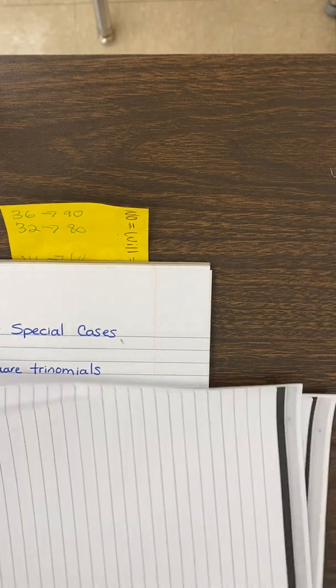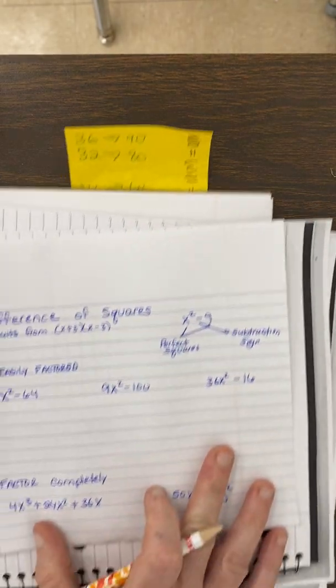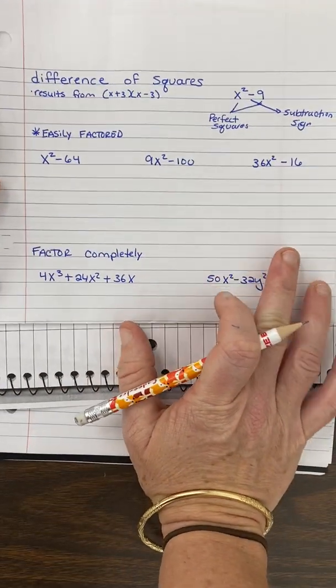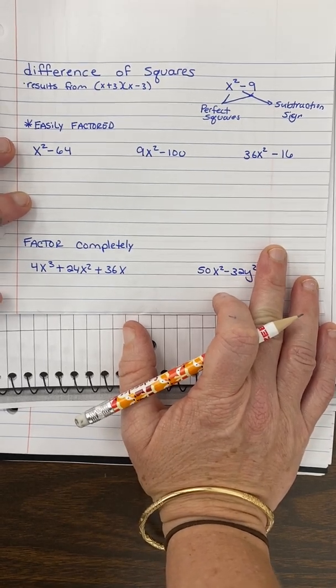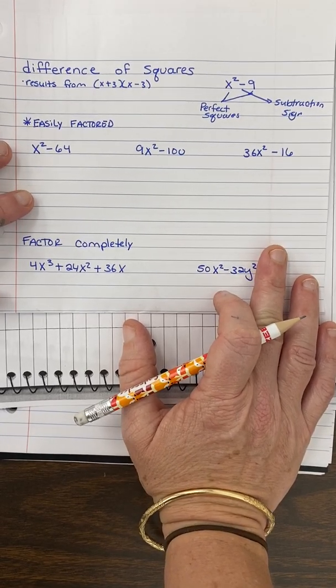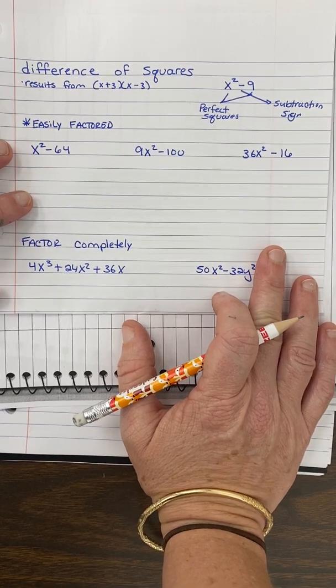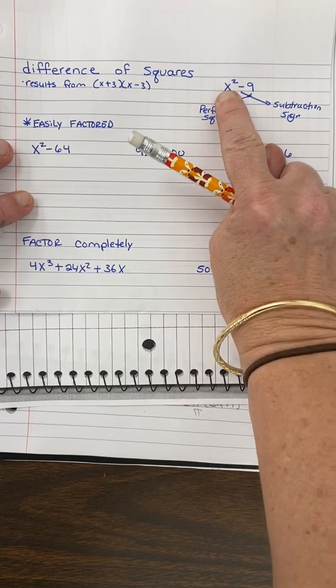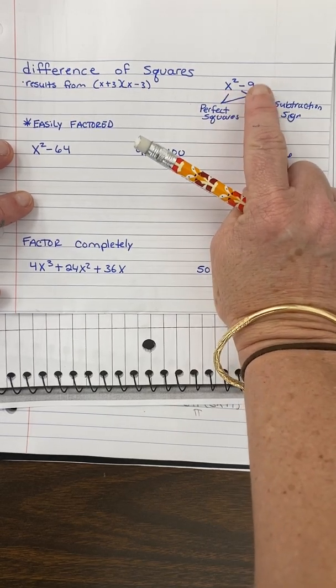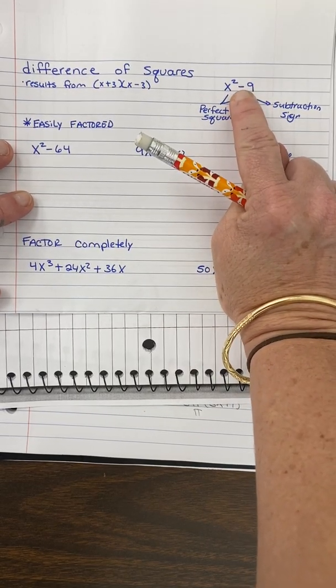Oh, this is my other page, sorry. Okay, so now I want to talk to you about another case that is really nice to factor, called a difference of squares. And it's also pretty easy to recognize. It's not a pain like the other one. To find it, the first one is a perfect square, the second one is a perfect square, and you have a subtraction sign.